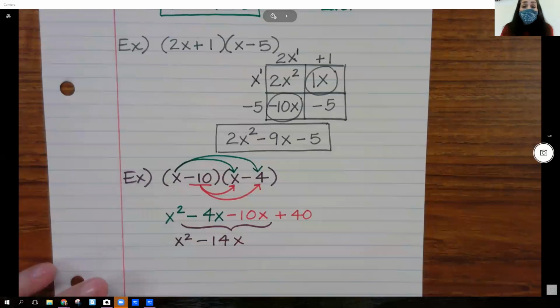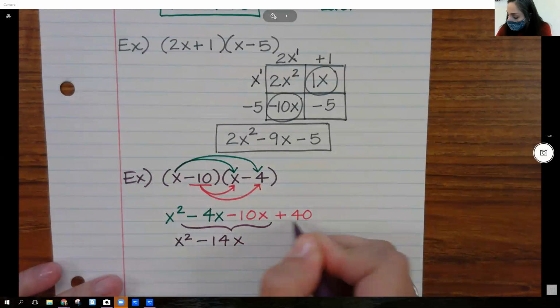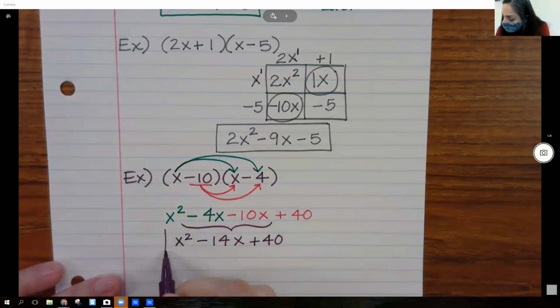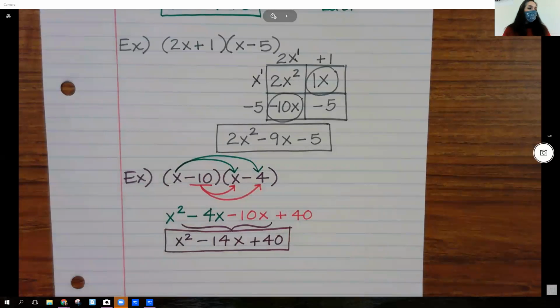Don't be afraid to use Desmos when you're doing all this stuff, of course. That's just being smart about things, okay? Have a tab of Desmos open all the time when you're doing your algebra. And then the plus 40 just comes down and you end up with this polynomial. And that's your answer. Any questions so far?